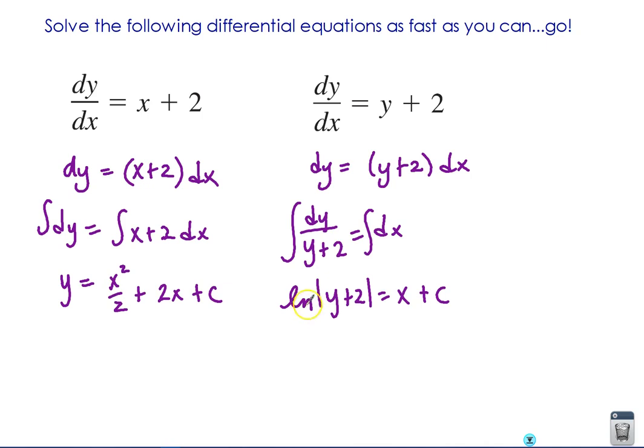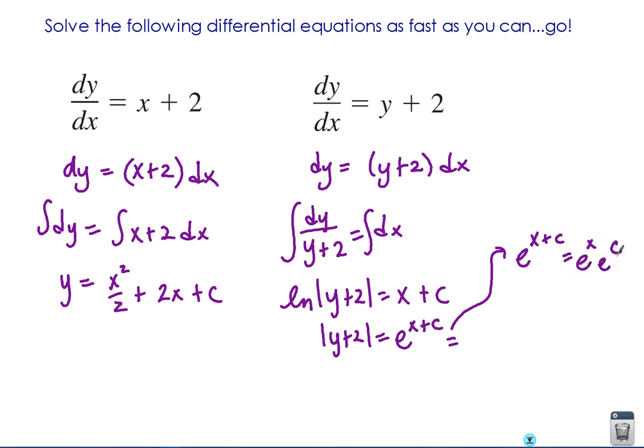Okay. Again, to get the general solution, we have to get y completely by itself. So in order to get rid of the natural log, I have to raise e to the power of both sides. So I've got y plus 2 is equal to e to the x plus c. Now remember, I don't know if we've had a video about this just yet, but whenever we have this scenario right here, where it's e to the x plus c, e to the x plus c is the same thing as e to the x times e to the c if we're using our exponent rules.